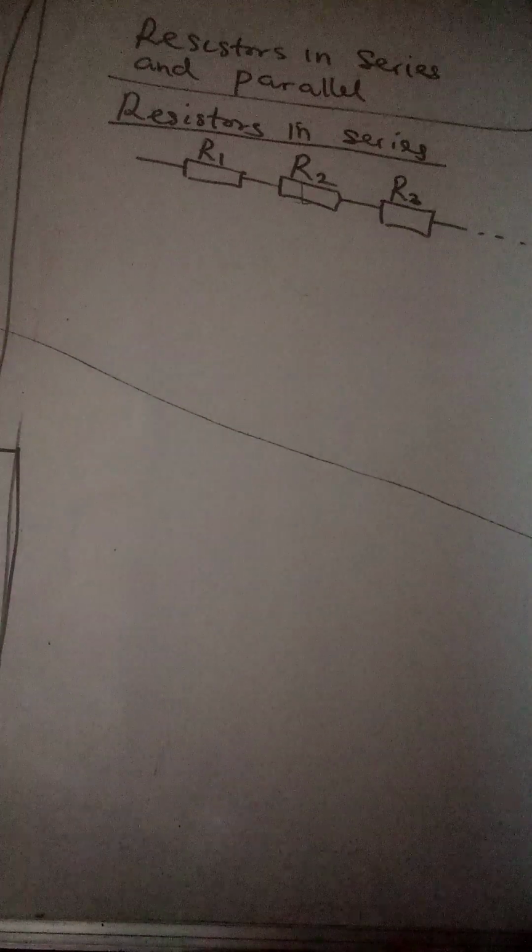Now, I am starting with the series arrangement of resistors. Whenever you see resistors arranged horizontally like this, that means they are arranged in series. And what are the things you need to know about them?